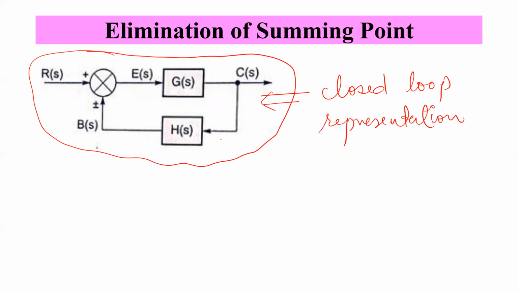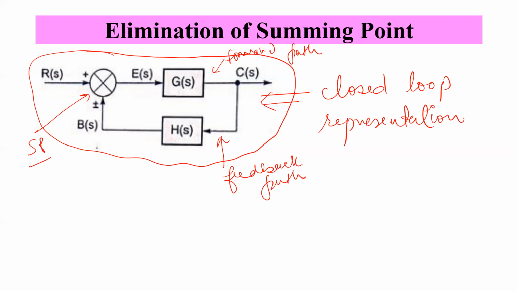This is the feedback path, and this is the forward path. This is a summing point, right? This is the reference and all this. So if we have to eliminate a summing point, or reduce this into a single block, how will we proceed? It is very simple.